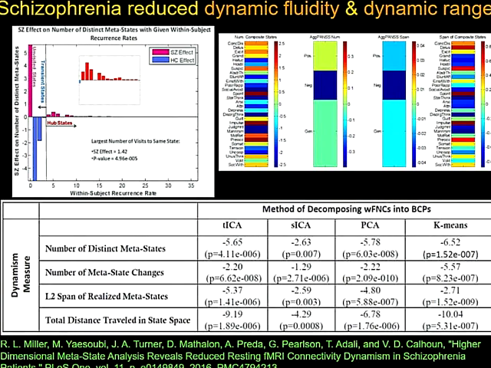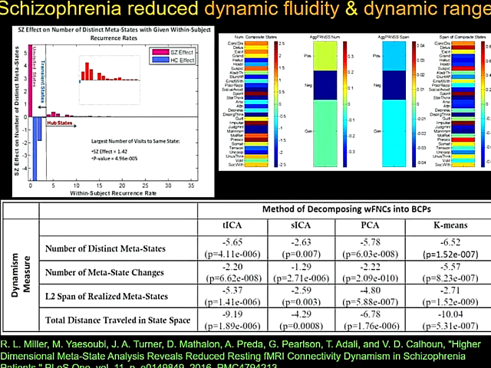Interestingly, when we looked at 4 of these in a schizophrenia versus healthy control comparison, we found that regardless of how we defined our states, so as Julia mentioned, you get very different patterns if you use PCA, ICA, temporal or spatial, k-means, hard k-means, fuzzy k-means, et cetera, we got the same basic pattern: a reduced number of metastates for the schizophrenia patients in all 4 cases here. And it's more of a global measure. It gives you an idea of how all these states are interacting, not specific to a given state.